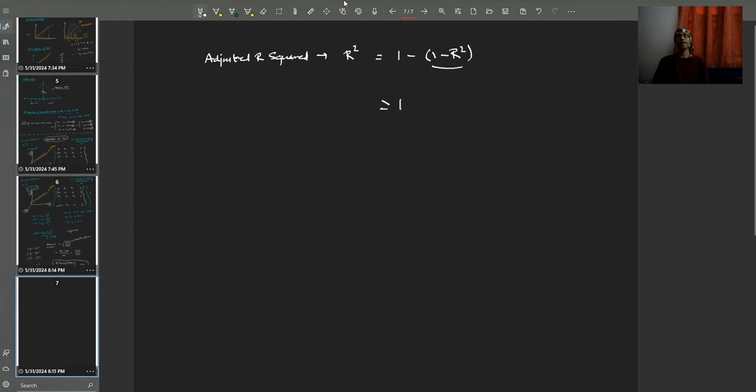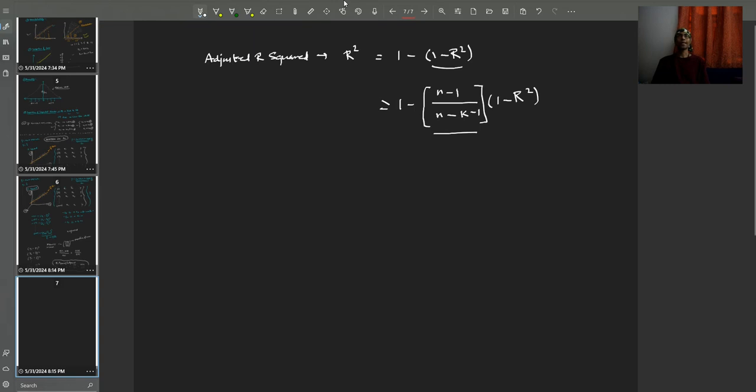What we do is, we write 1 minus (n minus 1) by (n minus k minus 1) multiplied by (1 minus R squared). This is the factor that we add in the R squared expression.